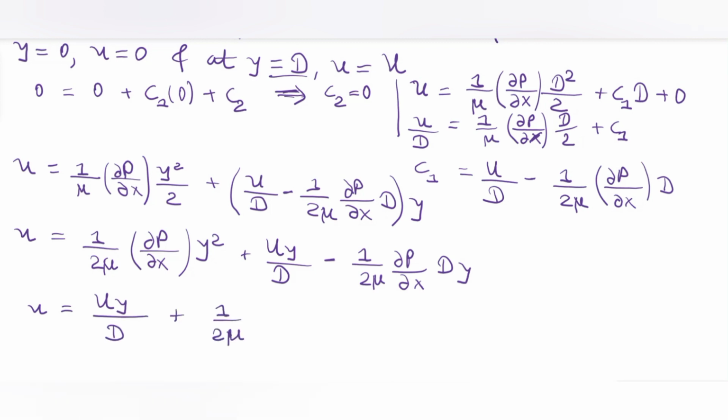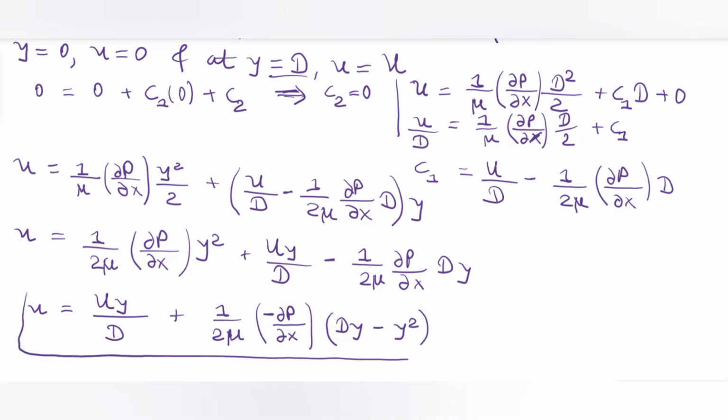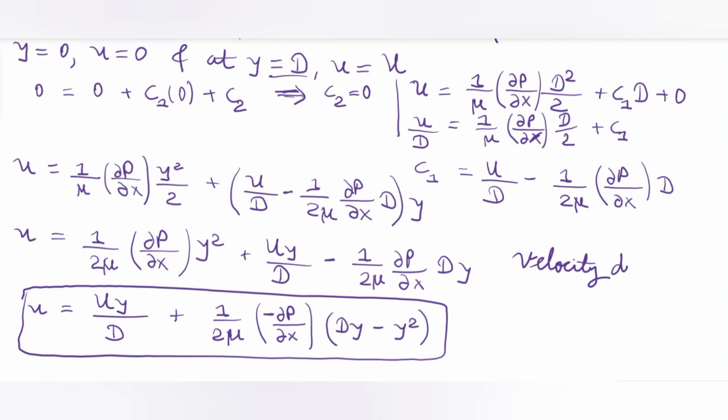So it will be 1/2mu minus del p by del x into dy, because this minus minus will become plus, and here it will be minus dy minus y square, plus Uy by d. So this is the equation for velocity. Here we can see that velocity distribution will depend upon U and del p by del x.